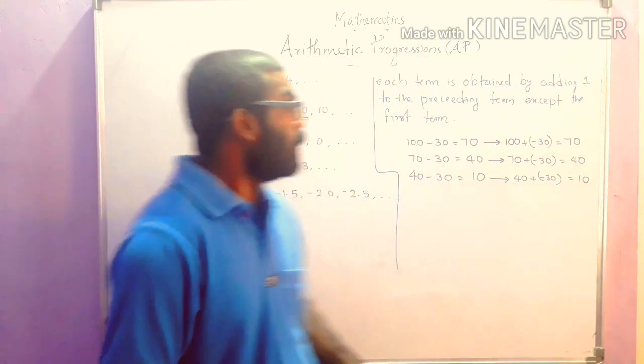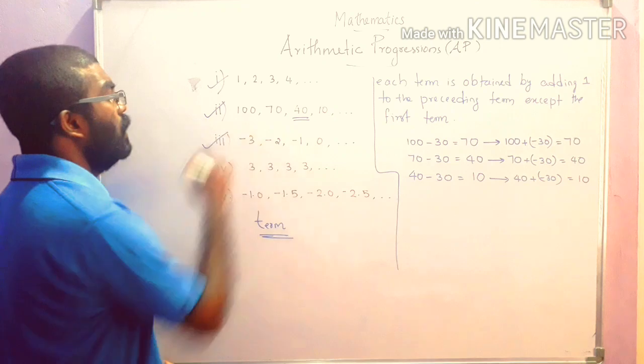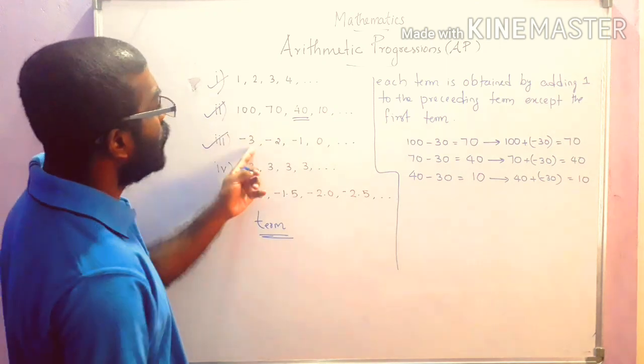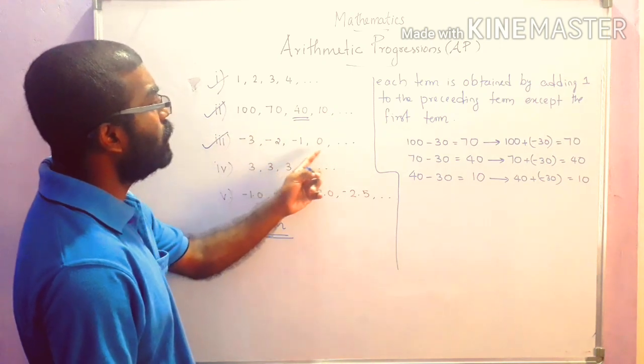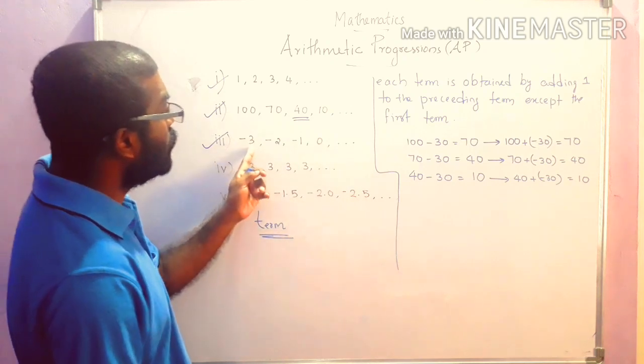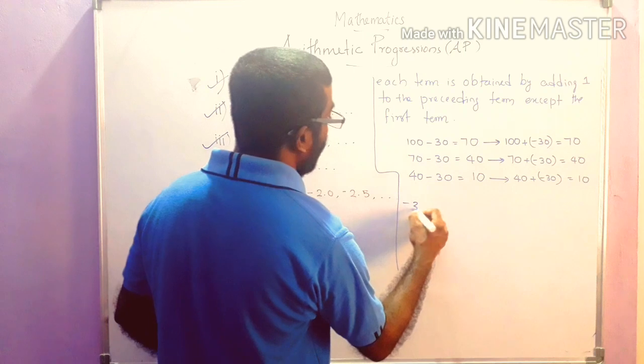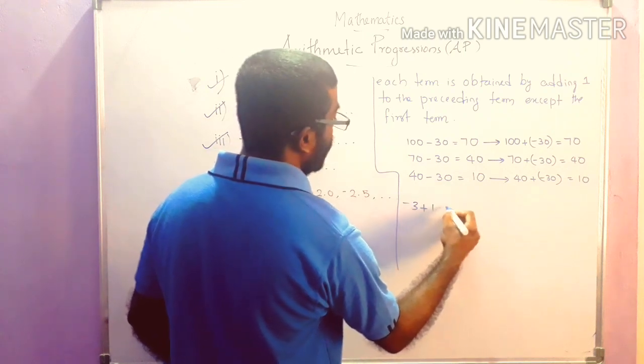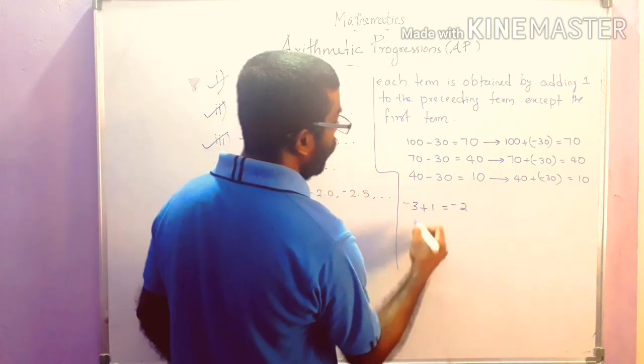Okay, now move to the third one. Minus 3, minus 2, minus 1, 0, etc. Clearly, minus 3 plus 1 gives what? Minus 2.